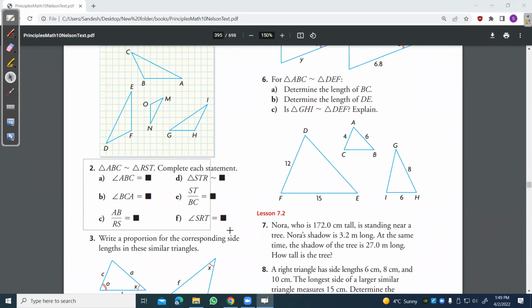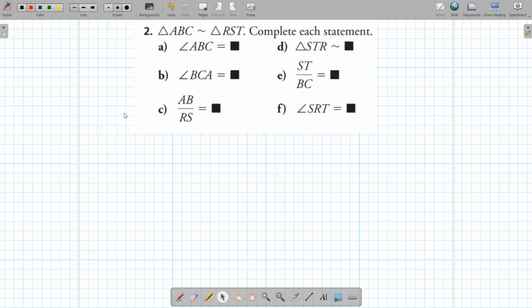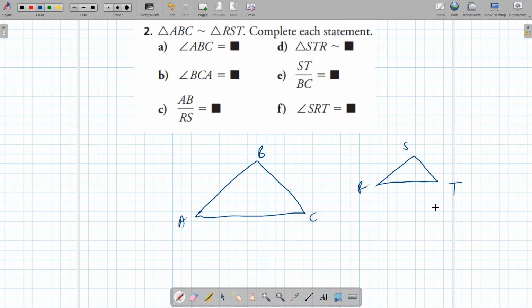Let's try doing this one. It says triangle ABC is similar to triangle RST. So let's say this is ABC, and it doesn't really matter where you put the angles. And let's say this is RST. Look at A. It says angle ABC is the same thing as which angle on the other triangle?